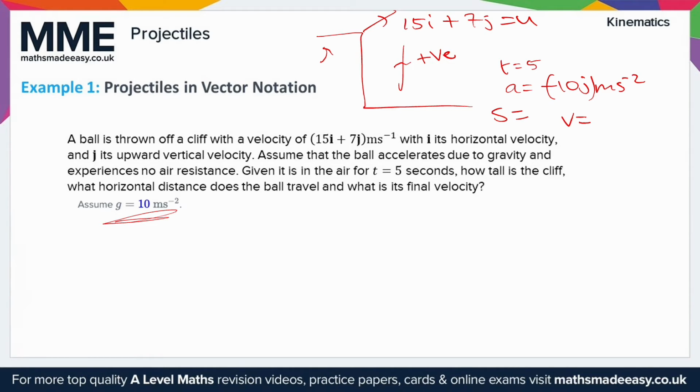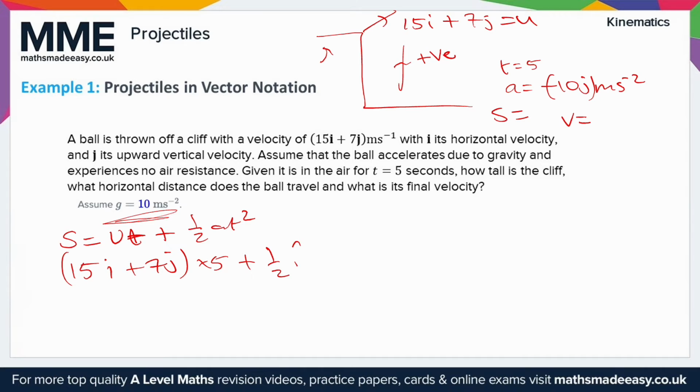Okay, so first I'm going to use s equals ut plus a half at squared. Subbing in the variables that we know, u is 15i plus 7j times t, which we know is 5, plus a half at squared, so plus half times acceleration, which is minus 10j, times t squared, which is 5 squared.